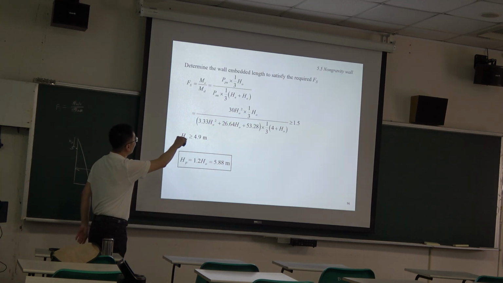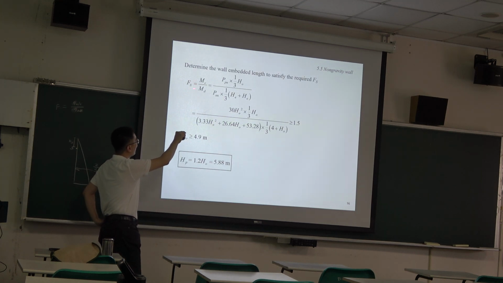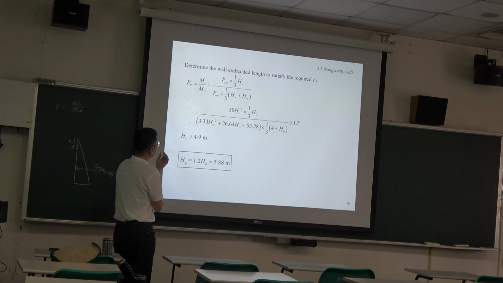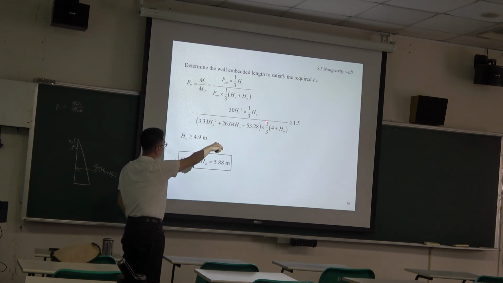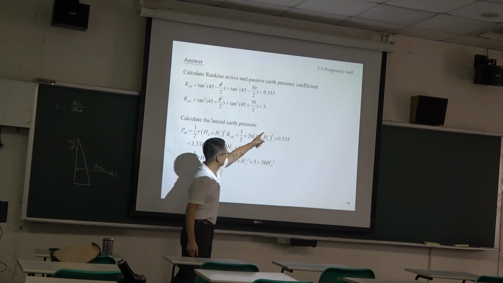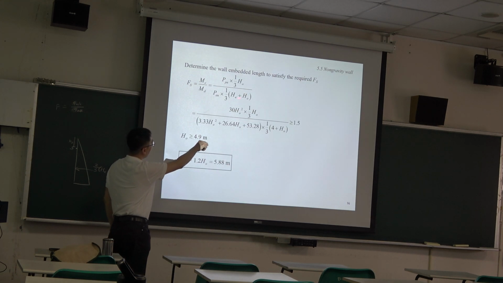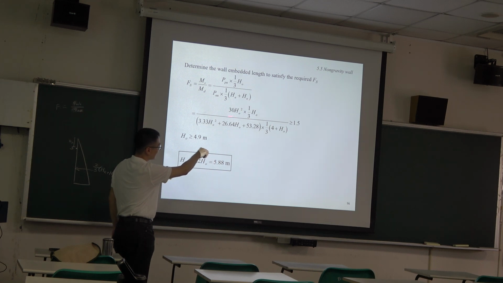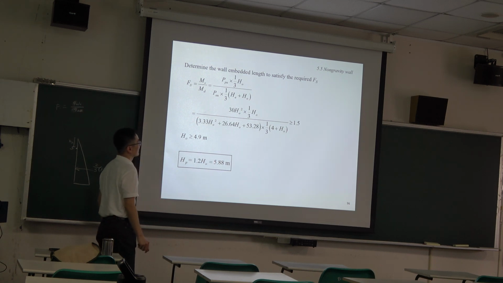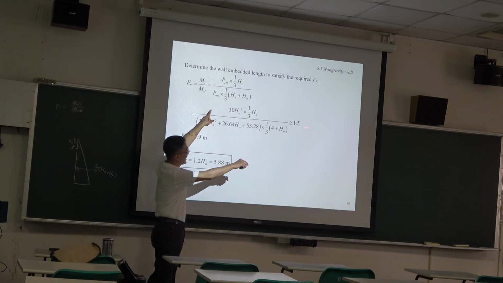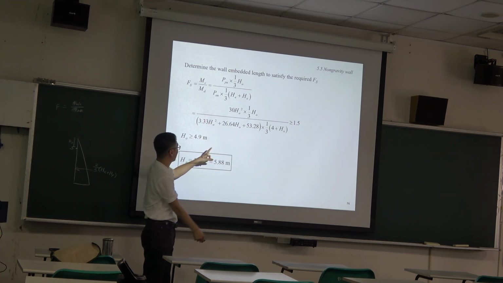And then the factor of safety is 1.5, and we put this part, which comes from here. Here is the passive side, here is the active side. Clear? It is just a moment calculation, and the ratio should be greater than 1.5.